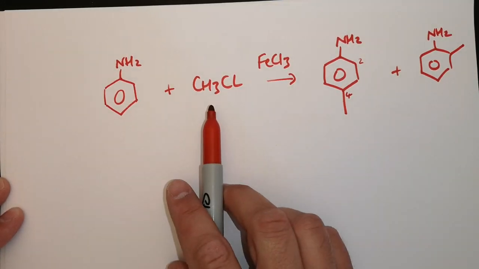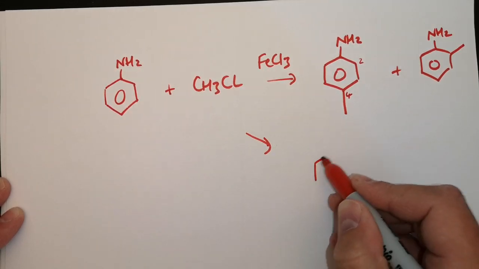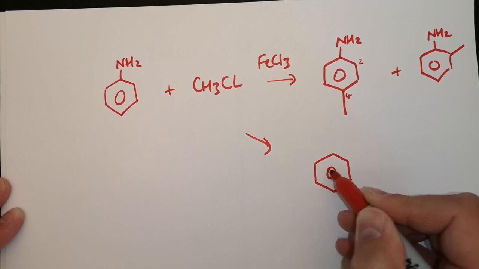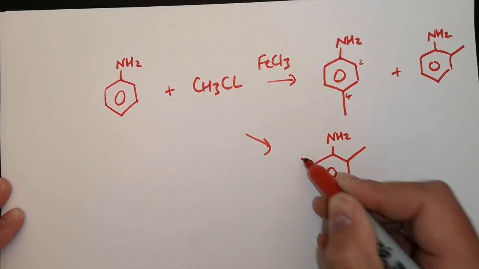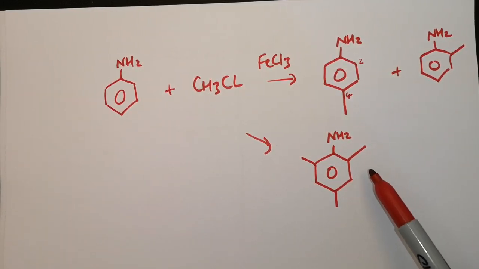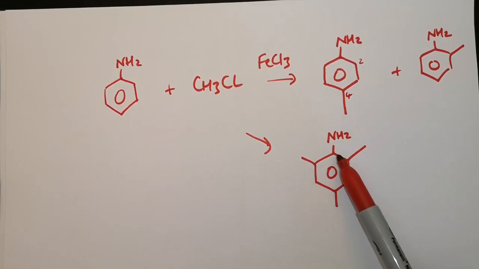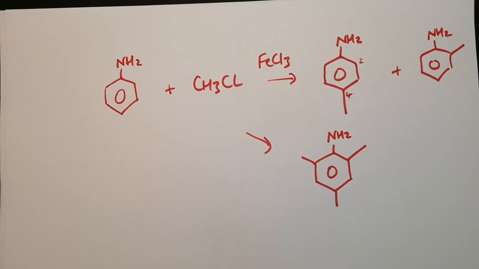If you had an excess of chloromethane and halogen carrier, then you might be able to go all the way to the tri-substituted product, which would be that, getting the 2 and the 4 position. Now if you are putting 3 on, it's 2, 4 and 6, because the 6 is effectively a 2 position the other way around. Okay, so I hope you see the link between the previous reactions we've looked at.